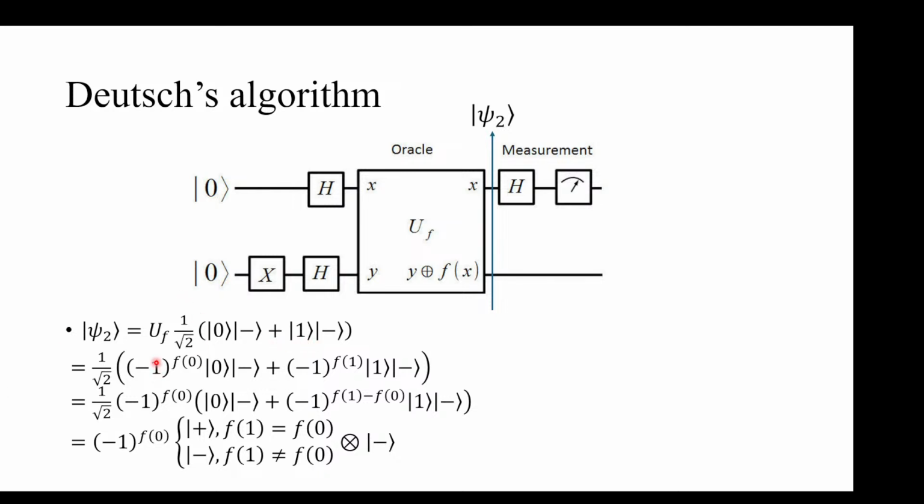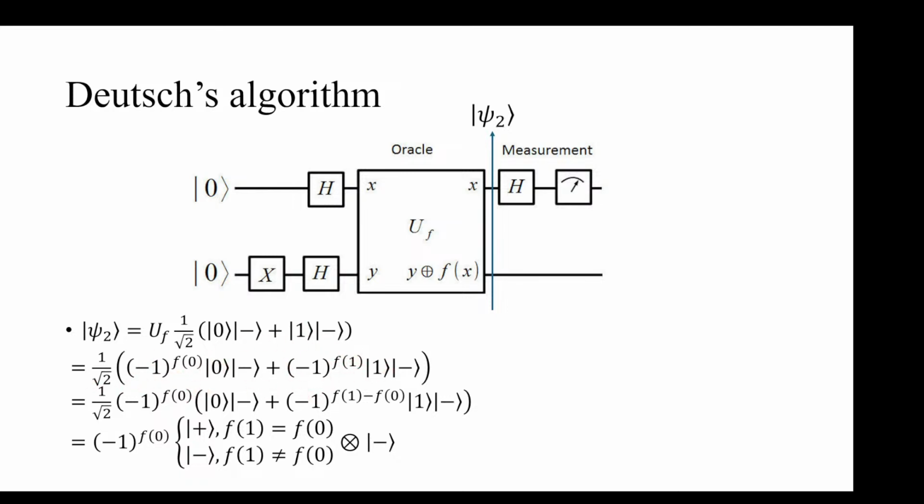So the first part of the superposition has the minus 1 to the f of 0 phase, and the second one has the minus 1 to the f of 1 phase. Okay, and so even though they are phases, even though they can look kind of like a global phase, the difference between them actually makes a difference to the quantum state.